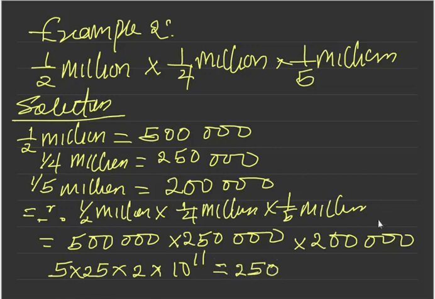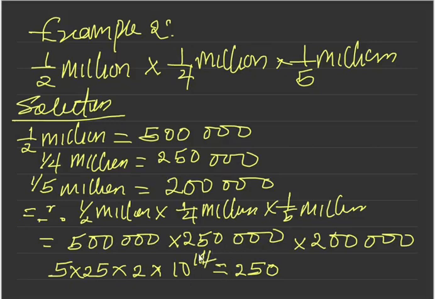Now 50 times 5 will give you 250. Let's count the zeros again. The first one is 200,000, then 250, 500,000. We have 1, 2, 3, 4, 5, 6, 7, 8, 9, 10, 11, 12, 13, 14. Sorry, it's 14.